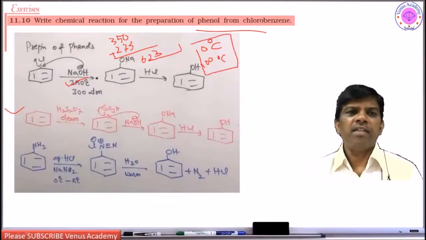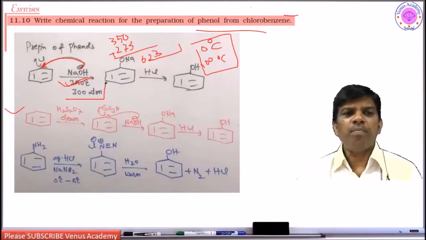So at high temperature, chlorobenzene, for example, undergoes nucleophilic substitution with sodium hydroxide, that is, OH is going to be substituted. This OH is a nucleophile. Under ordinary conditions, nucleophilic substitutions on benzene are not possible. However, under drastic conditions like high temperature and high pressure, it is very high pressure, students.